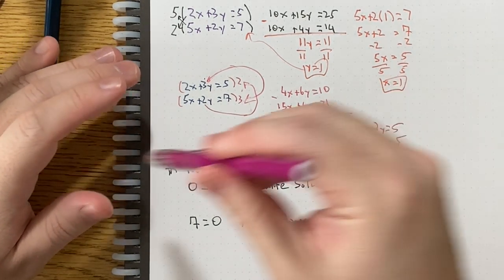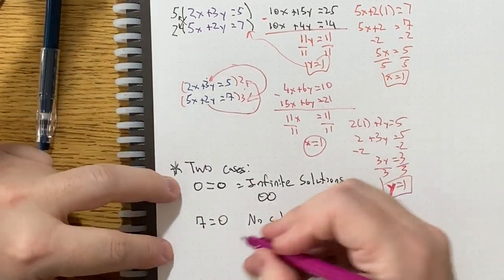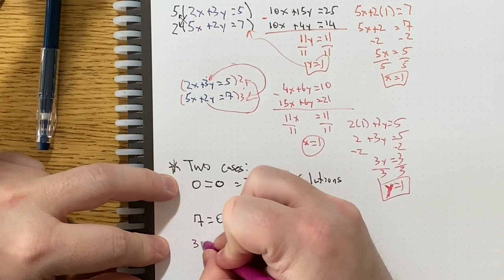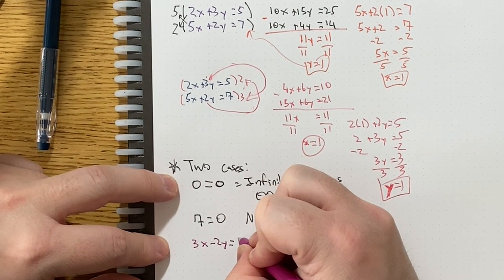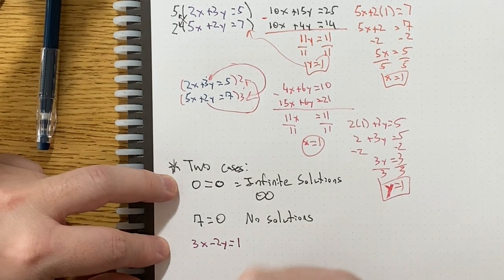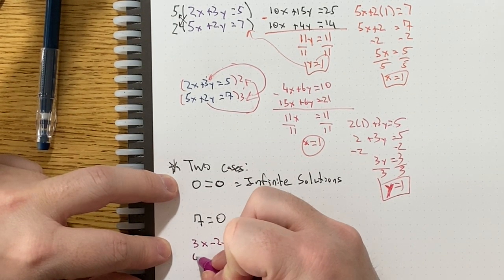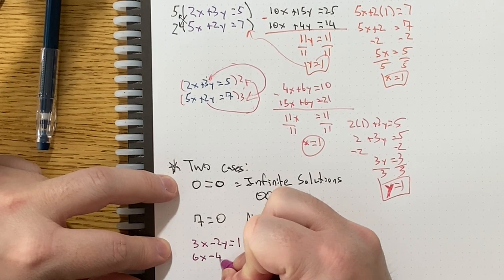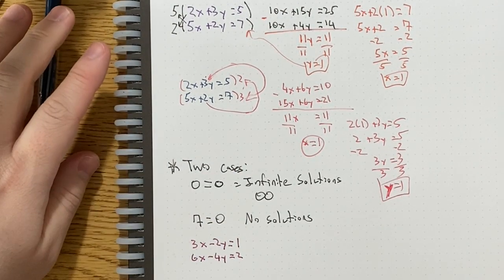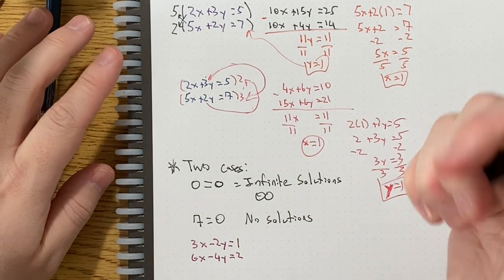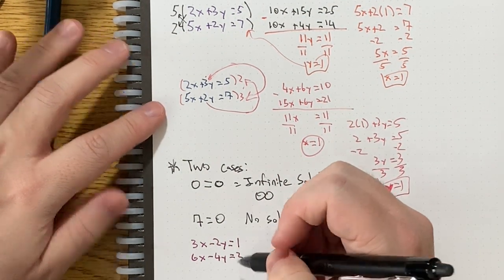So, just say an example of that is 3x minus 2y equals 1. And then you get something like 6x minus 4y is equal to 2. And you're looking at this and you're like, let's try to make these the same, right?